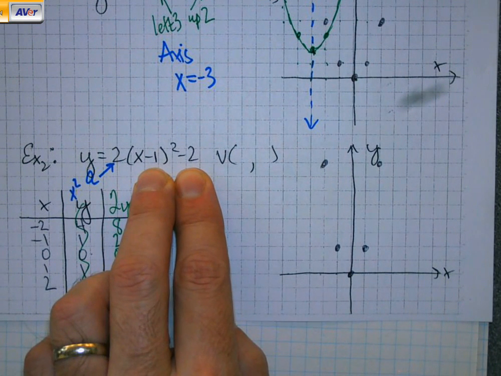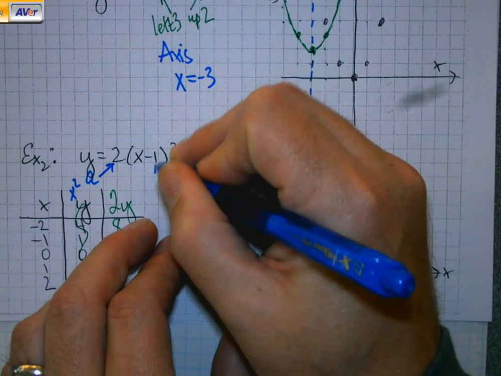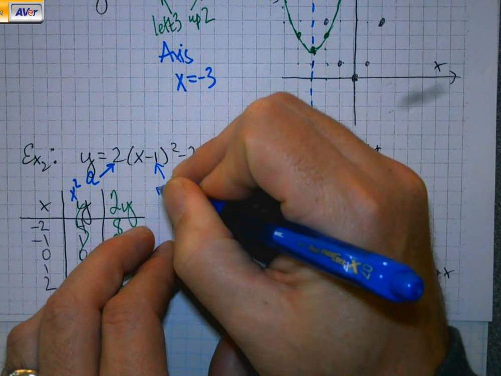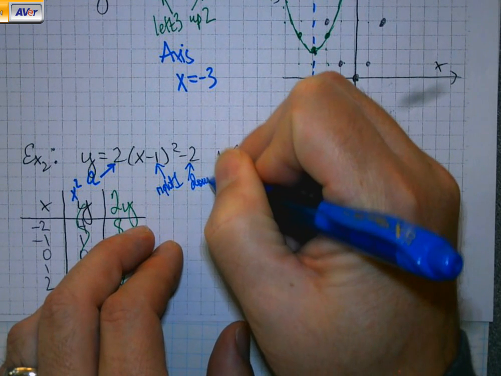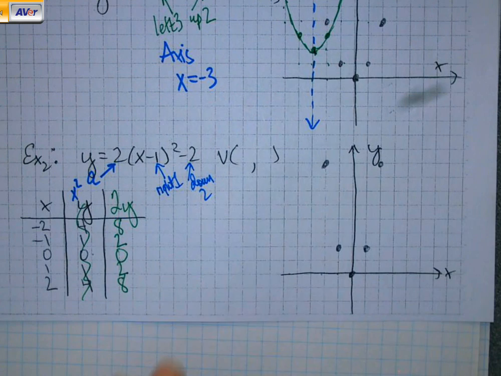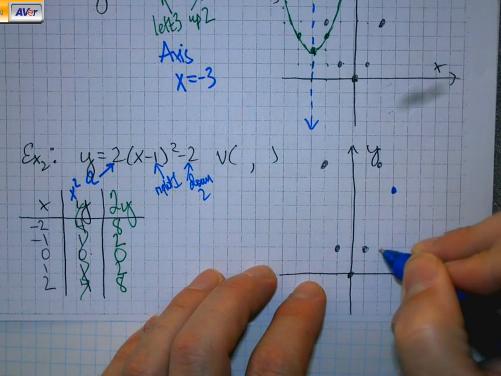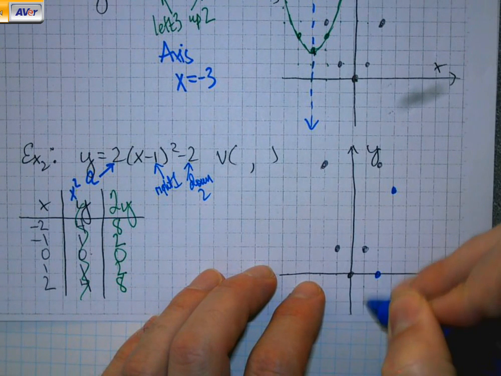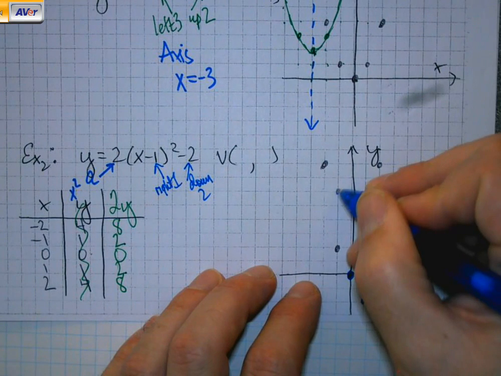So what shifts do I have this time? Right 1, down 2. So again, I would take all of my points. Right 1 and down 2. Right 1 and down 2. Right 1 and down 2. Right 1 and down 2.